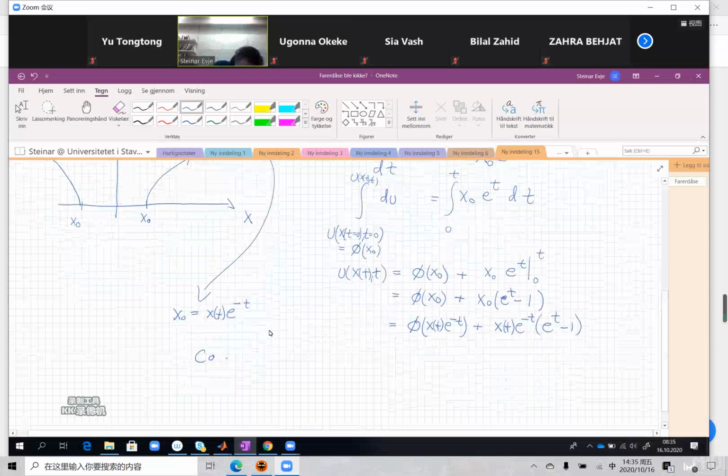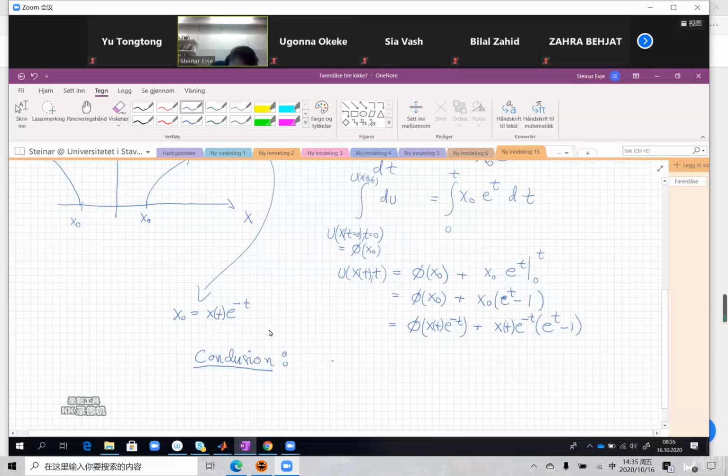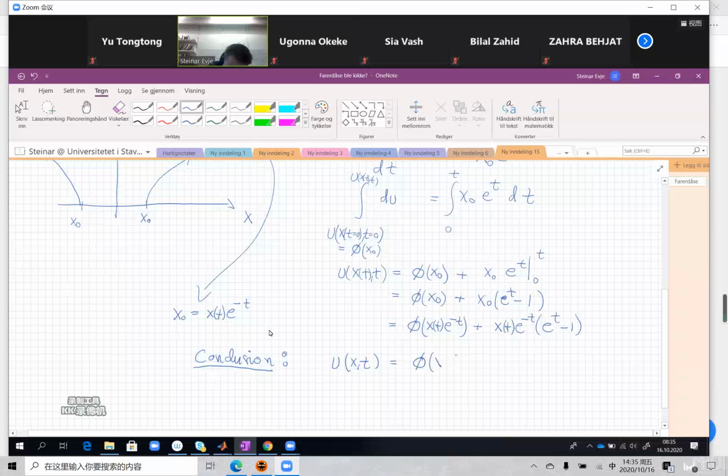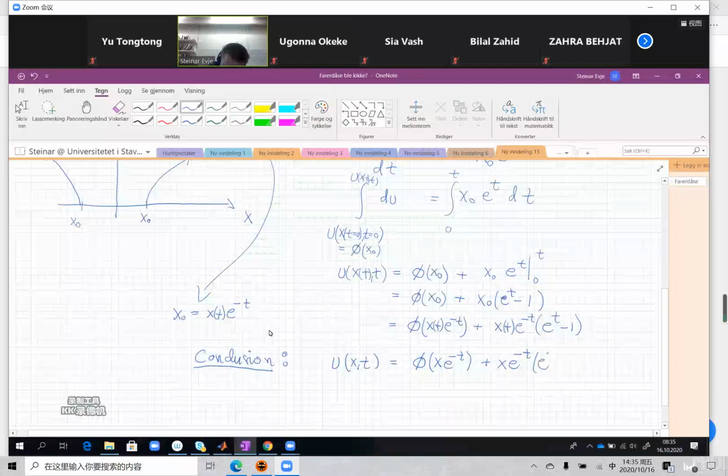So the conclusion is that the general solution for an arbitrary point x and t is phi of x e^(-t) plus x e^(-t) (e^t minus 1).